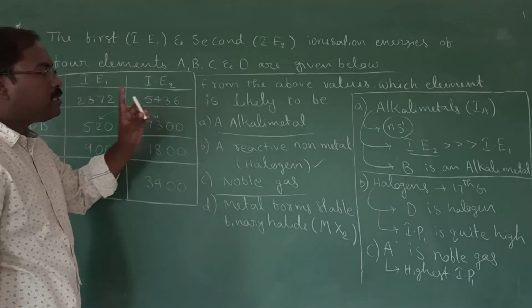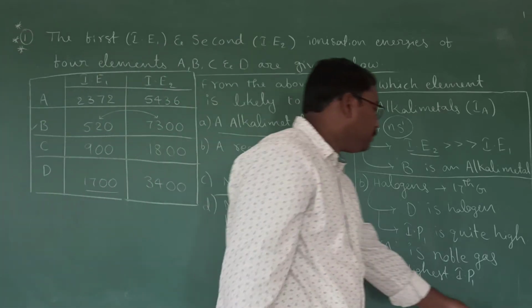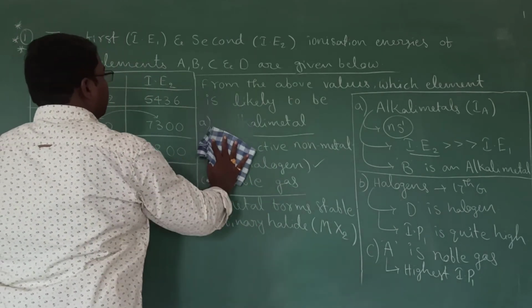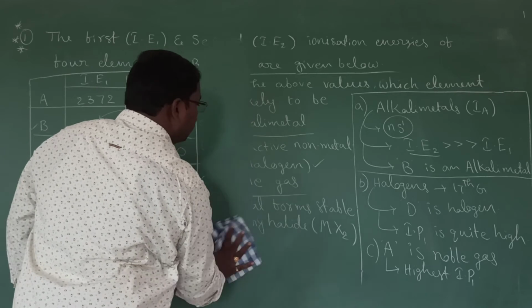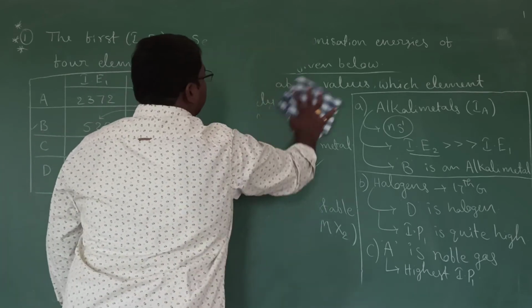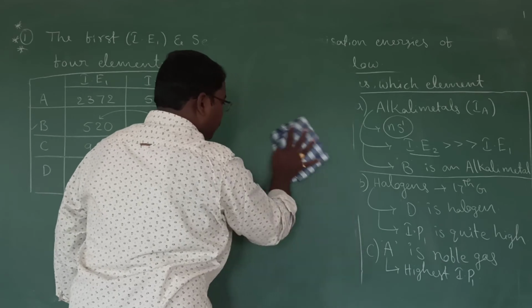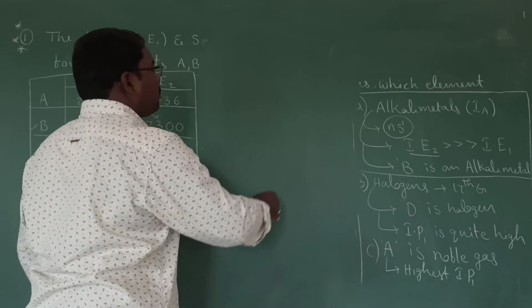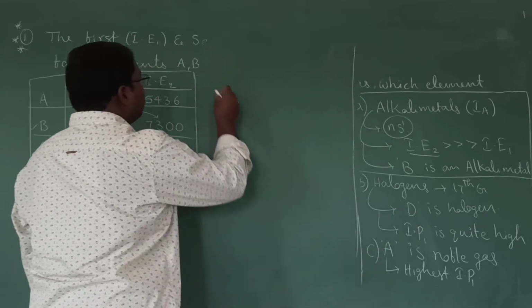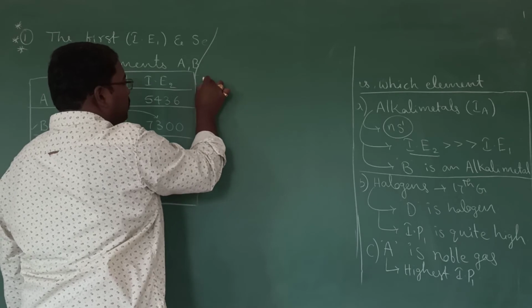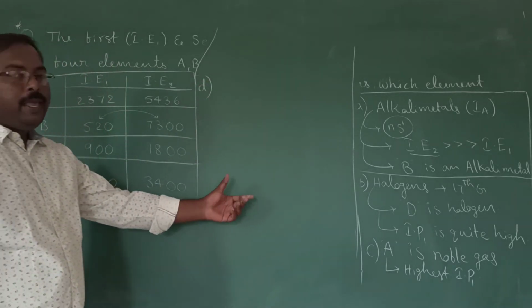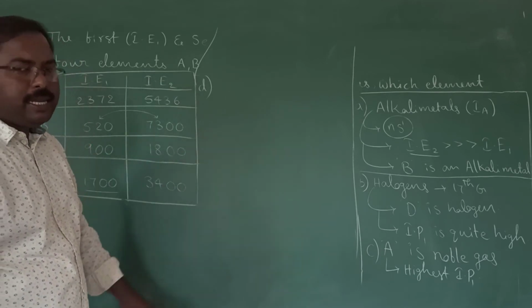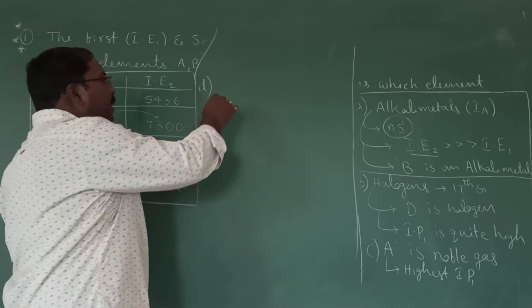Now coming to our last question. What is our last question? A metal forms a stable binary halide as MX2.